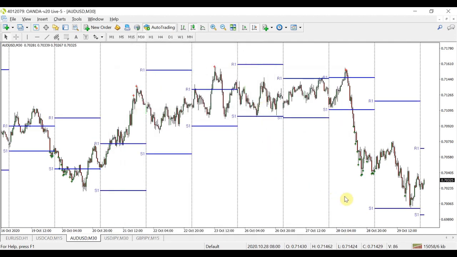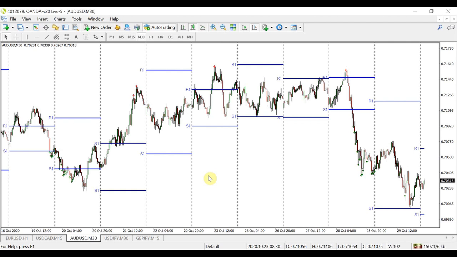And what you've got here is you can see for all the previous days where the R1 and S1 levels were. And again, these are fixed lines that do not move, do not repaint. They are based on a standard mathematical calculation to calculate the pivot point and then the respective R1 to 3 and S1 to 3 levels.